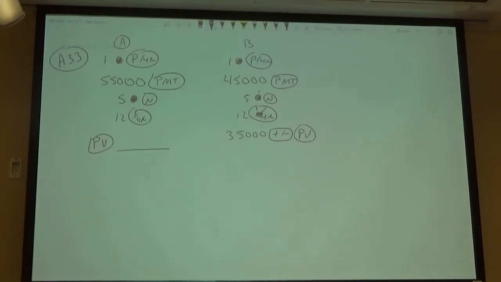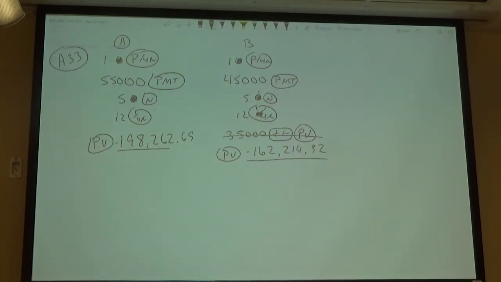Okay, so the present value of the income off of the first lease is 198,262.69. Now let's ignore the 35,000 for a second and calculate the present value of the second lease. And we get 162,214.92.